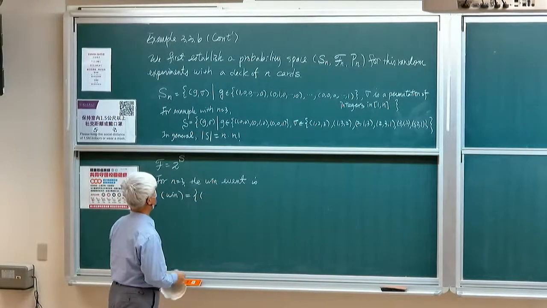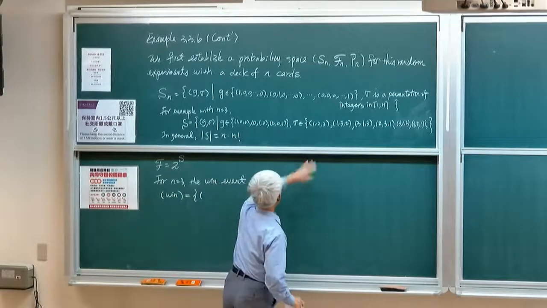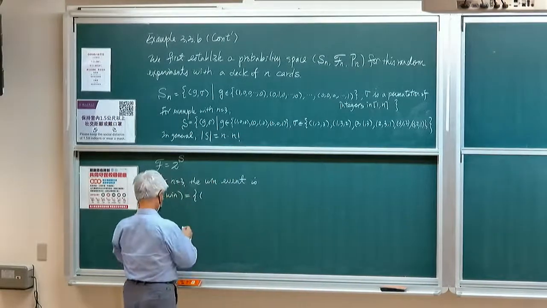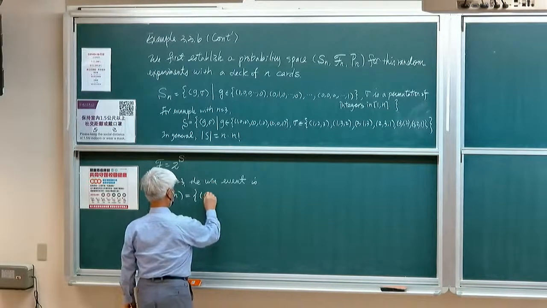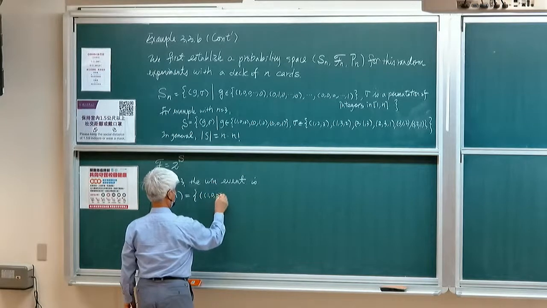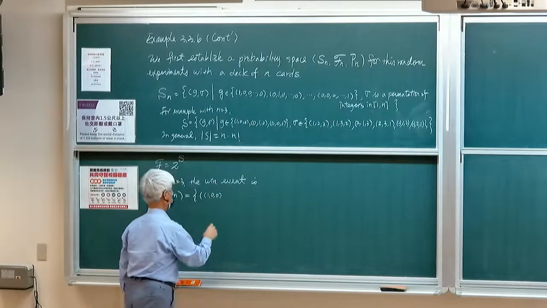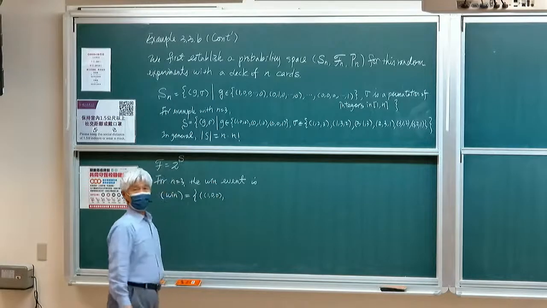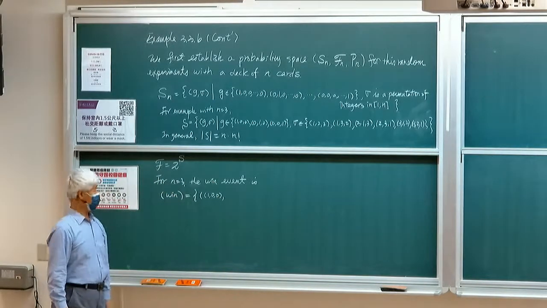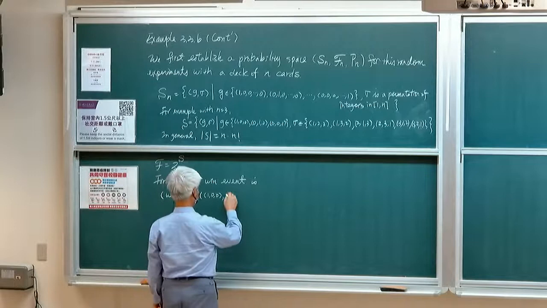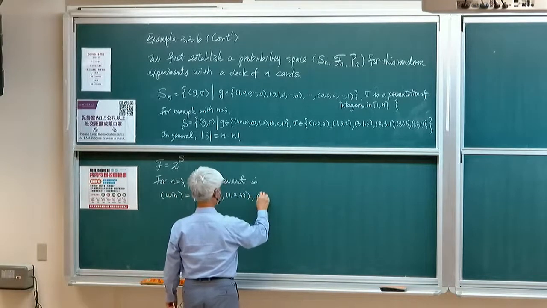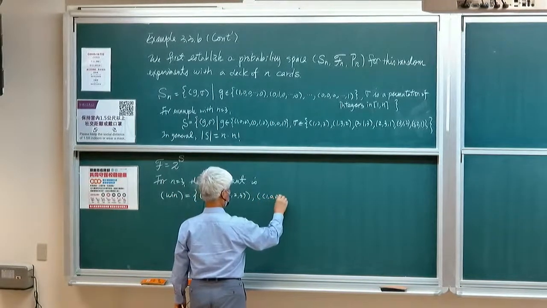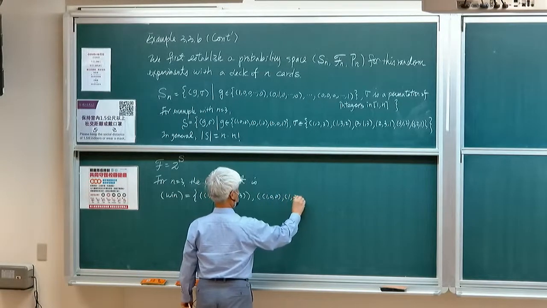Let's look at that. The win event is that, if the guess sequence is 1, 0, 0, the player wins when sigma is 1, 2, 3 or 1, 3, 2.